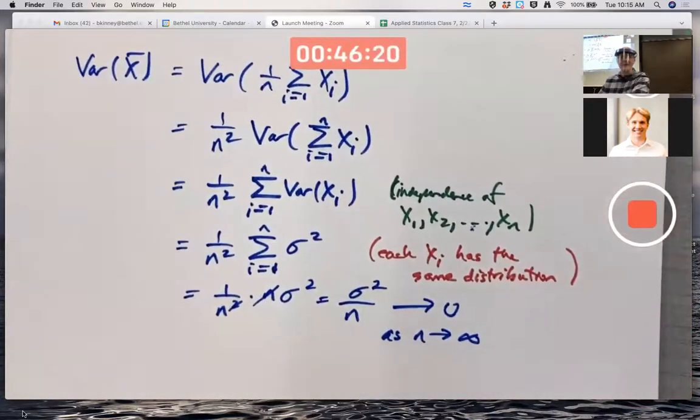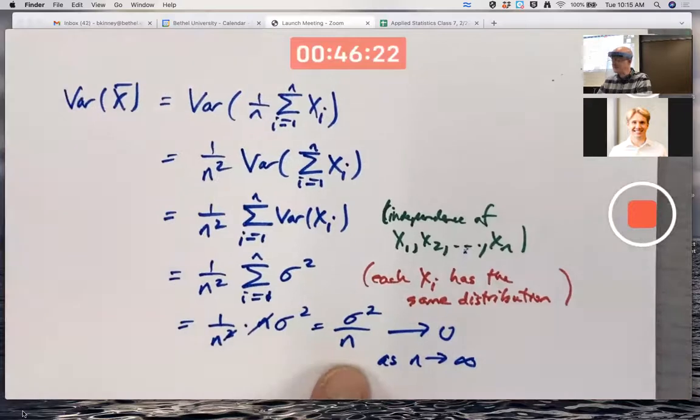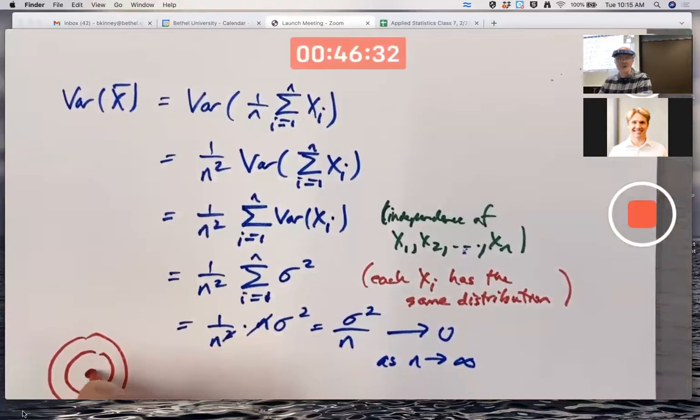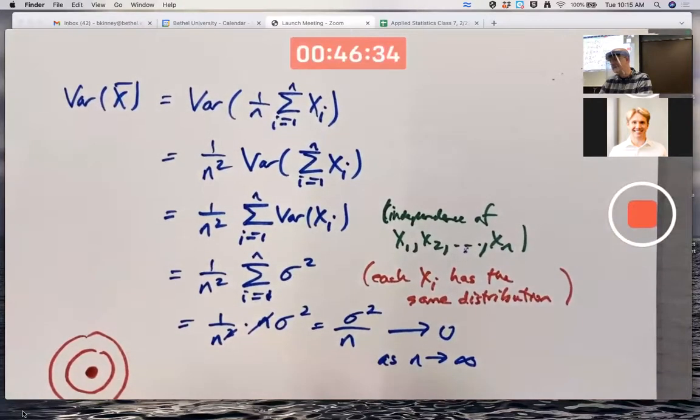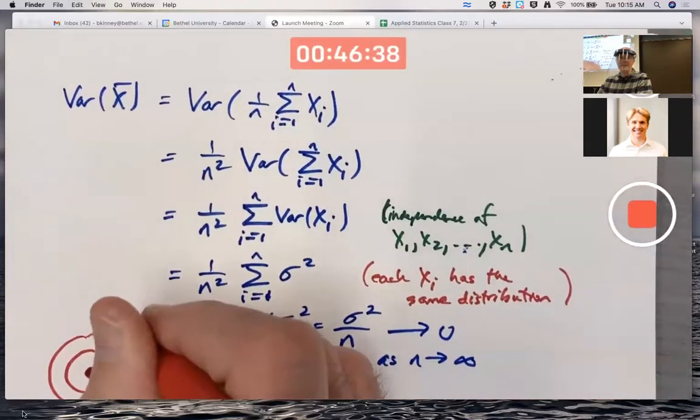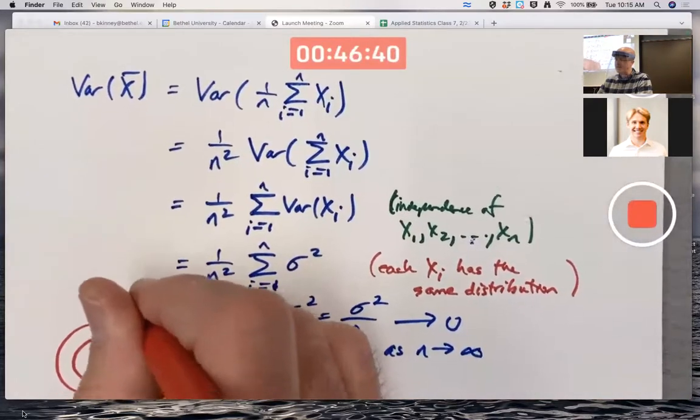The fact that the variance of X bar is this means that when n is large, there's not going to be very much variability. Now, if X bar were biased, then you could have low variability, but be far from the bullseye, right?